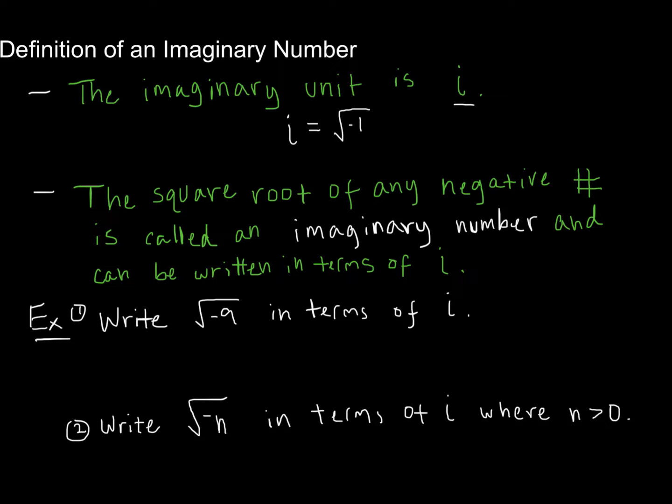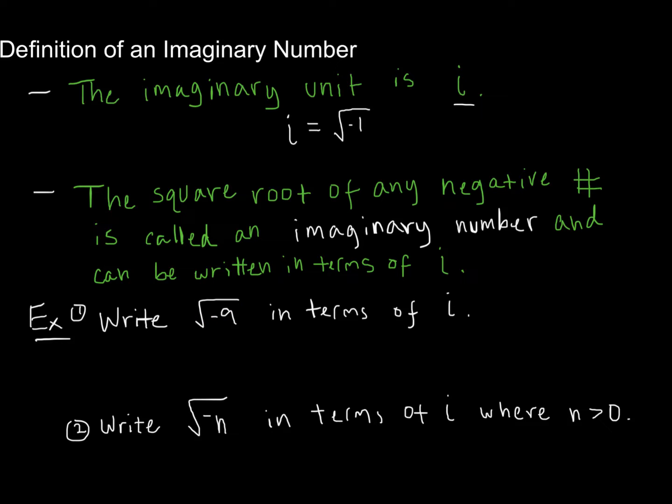Okay, so first what we want to do is write the square root of negative 9 in terms of i. Now, think about what you would do to write the number 9, the real number 9, in terms of 1. Well, you would write 9 times 1, okay? And essentially, what we're going to end up with is the same idea here, except instead of using 1 in the real numbers, we use i in the imaginary numbers, and this is an imaginary number.